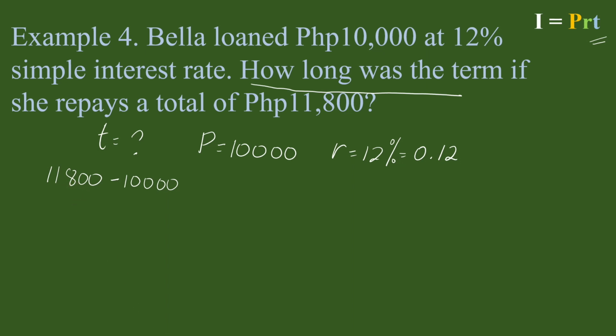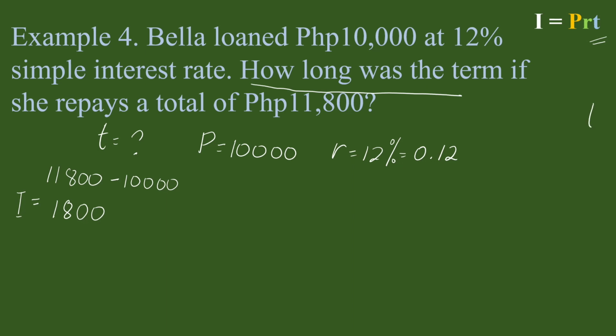With 10,000 principal and 11,800 final amount, the interest here is 1,800 pesos. So, yun yung tinubo ng pera. 1,800 pesos.